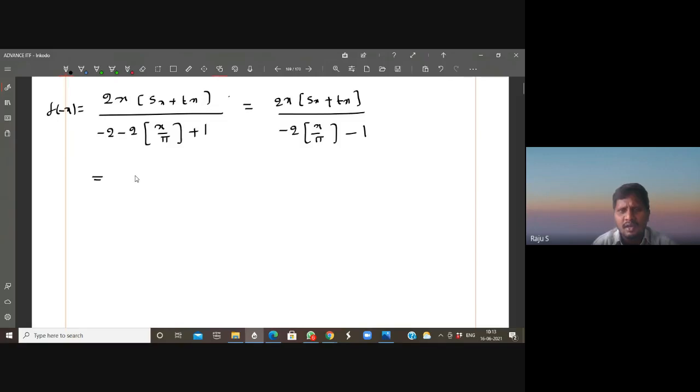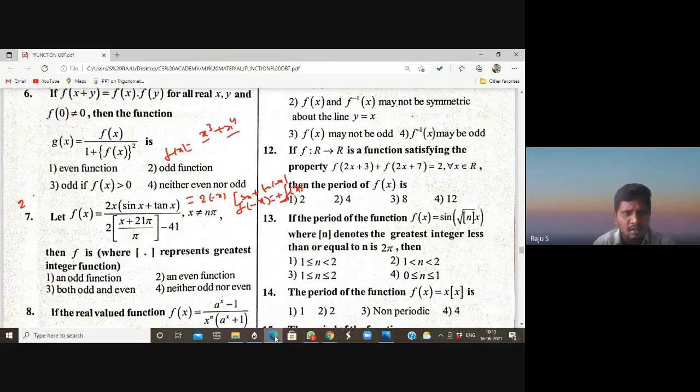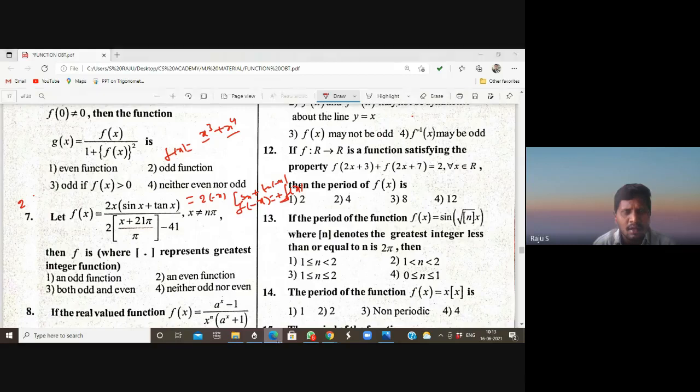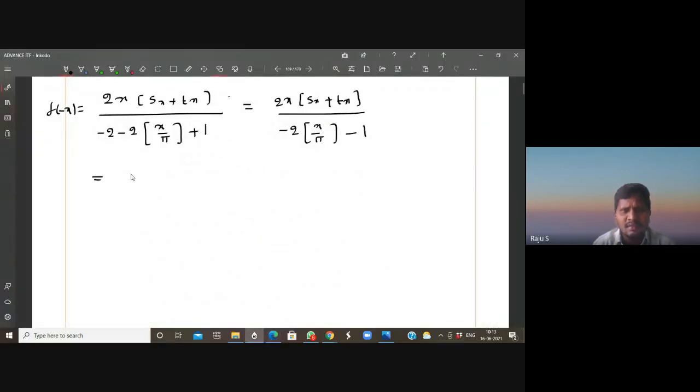When I take minus 2 common, what shall I write here? 2x sin x plus tan x by minus 2, when I take minus 2 common here, x by pi plus 1 by 2. Shall I write 1 by 2? Yes, we can write.